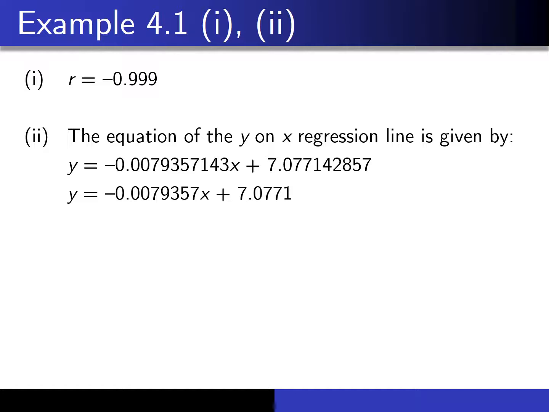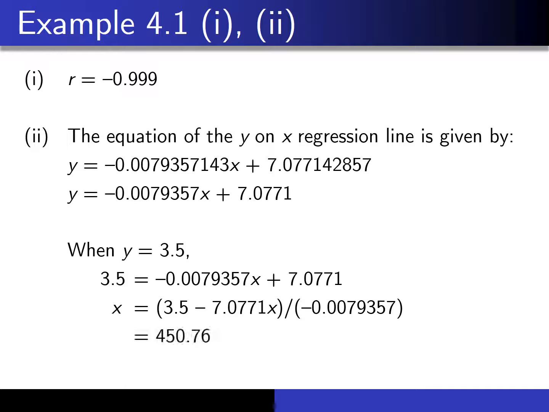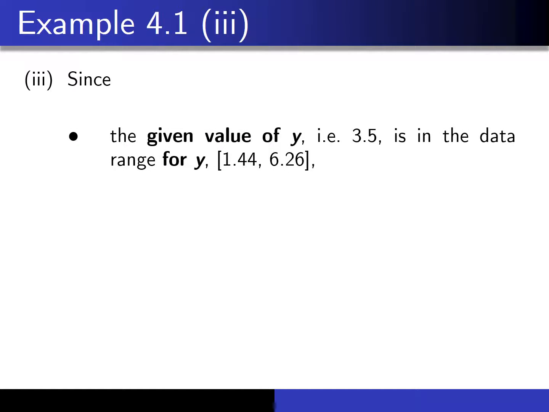Recall from example 2.1, since we are using the regression line to carry out estimation in this case, we need to include more significant figures in the coefficients in the equation of the regression line. Therefore, by using this regression line, the estimated value of X is 451, correct to 3 significant figures.